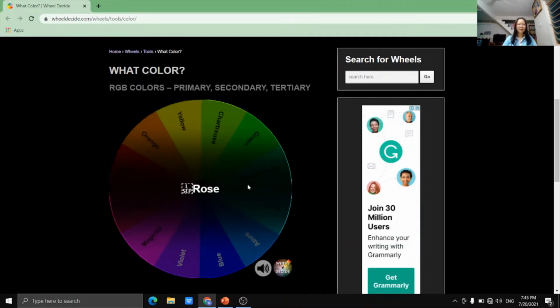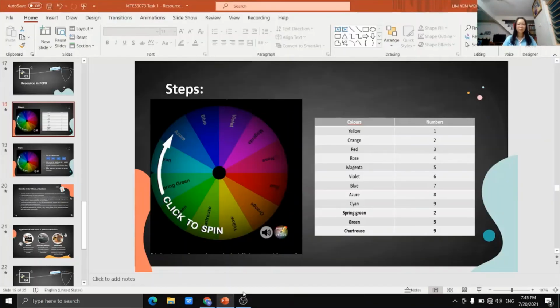Oh, now I see that I've spun it for the third and the fourth time, and both times I got the color rose. And we know rose is represented by the number 4.